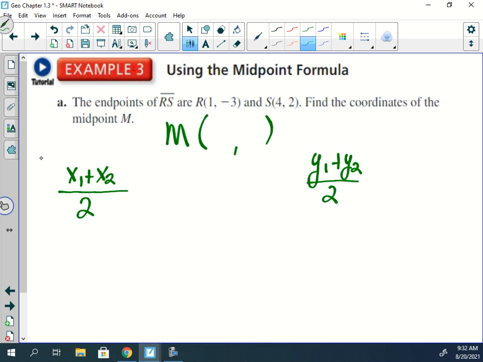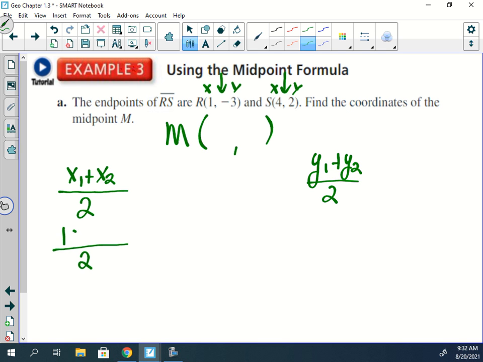And that will give us the midpoint. So looking at the two endpoints, R and S, what are the x values of these two points? 1 and 4, because in any coordinate pair, it is always going to be x, y, x, y.